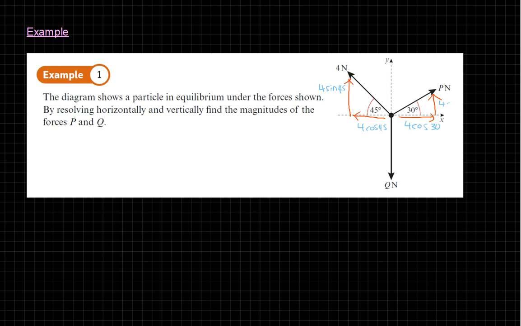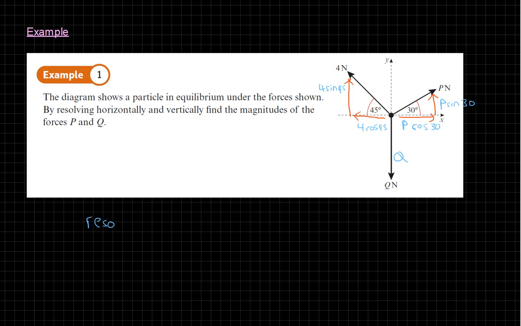That one's 4 sine 30. Oh, sorry, not 4. We're now talking about P, aren't we? So we need to multiply P, the hypotenuse. So remember, P is the length of the vector, sine 30, and here is just Q.